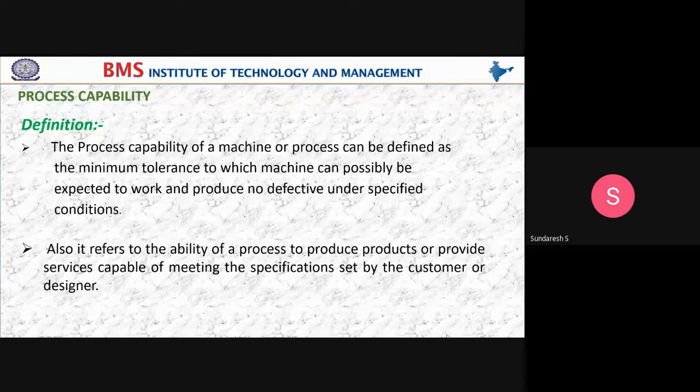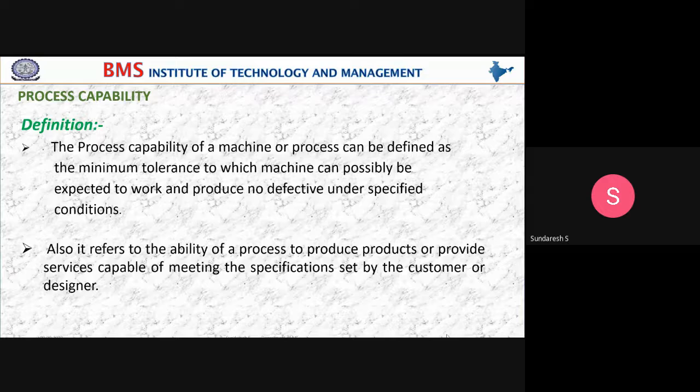So whenever you are providing specifications, I mean to say limits will be given for each process or machine, within which it has to produce an output, and that output should be within the specified limits.